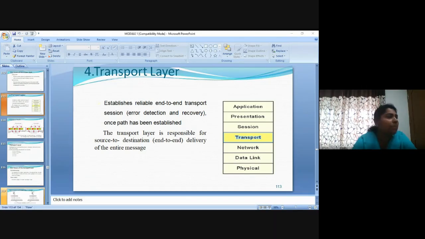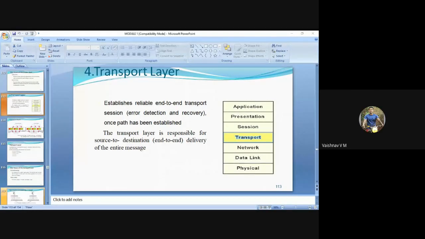Okay, thank you, Shruti. Now, Vaishnav, what is the function of the presentation layer? What are the functions of presentation layer? Vaishnav.